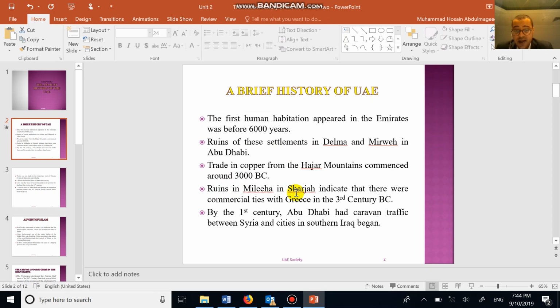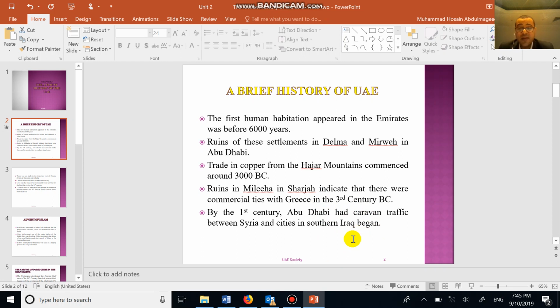In Sharjah, it indicated that there were commercial ties with Greece in the 3rd century BC. By the 1st century, Abu Dhabi had caravan traffic between Syria and other cities to Iraq.